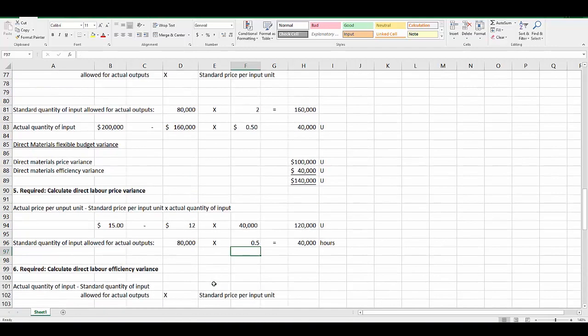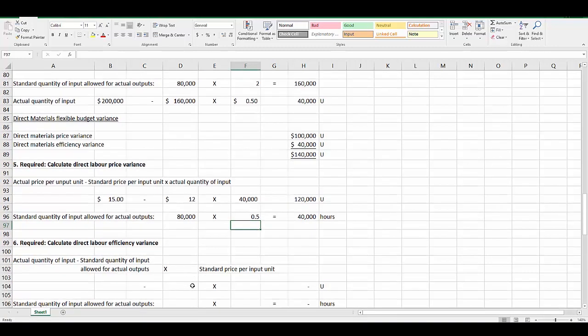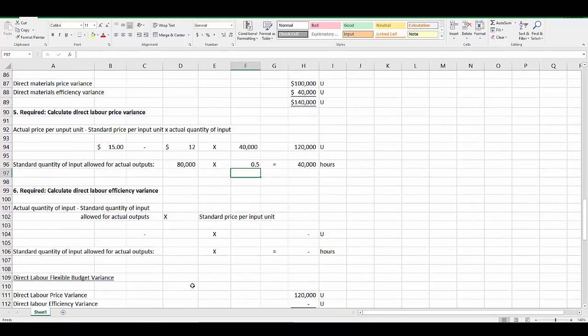So now the next thing we want to find out about labor is the impact of using more time per unit than we had actually planned to use. So the standard quantity allowed, the number of direct labor hours allowed here in part 6, we know we made our 80,000 units and we should have spent a quarter of an hour on each one, so we should have spent 20,000 hours.